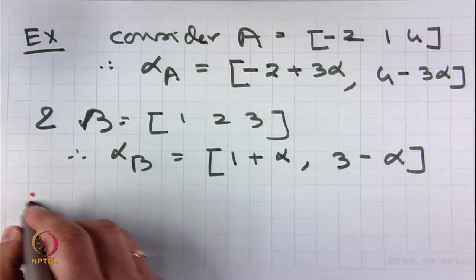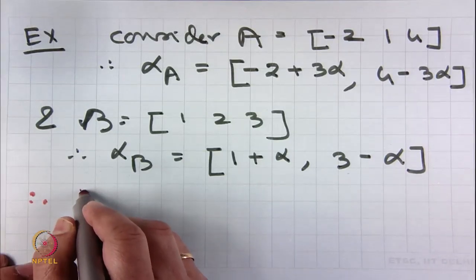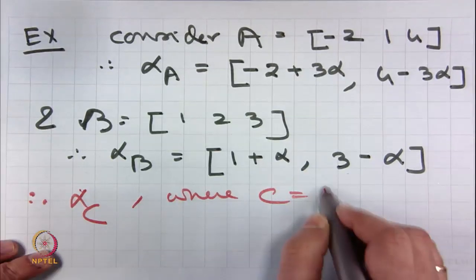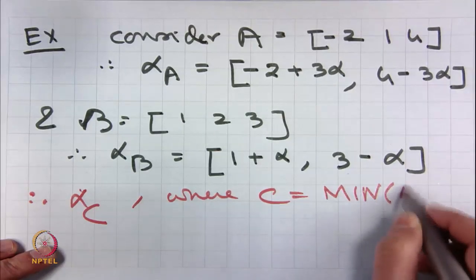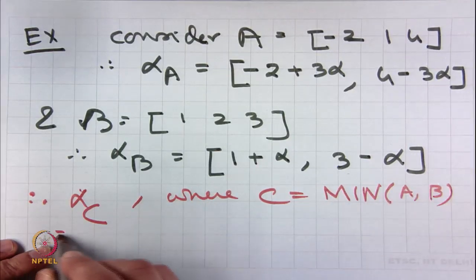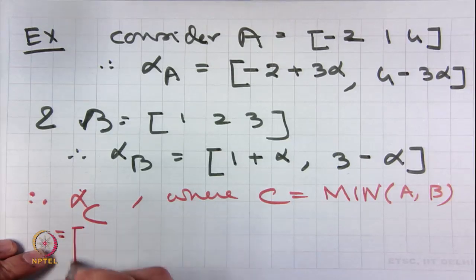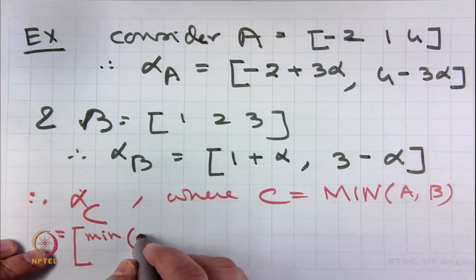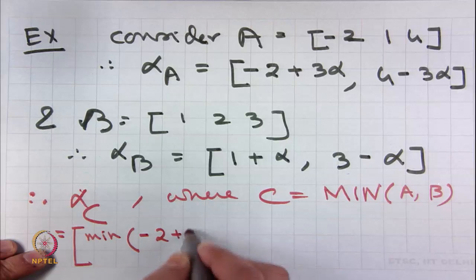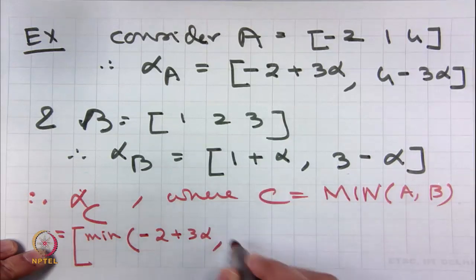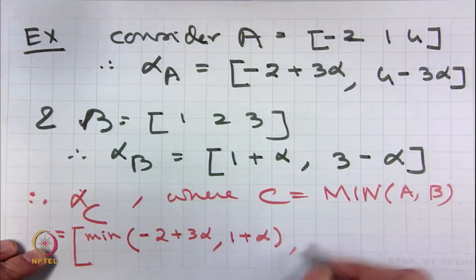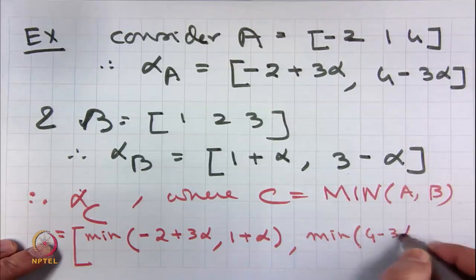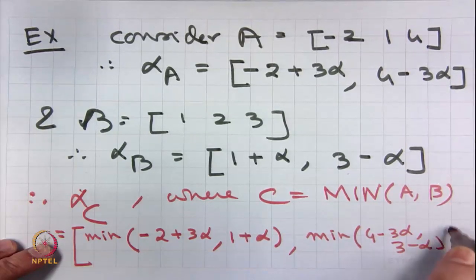Therefore, alpha cut of C, where C = mean of A, B, is [minimum of -2 + 3 alpha and 1 + alpha, minimum of 4 - 3 alpha and 3 - alpha].